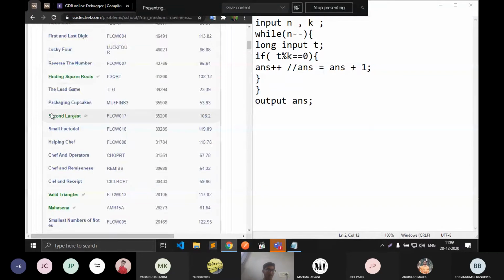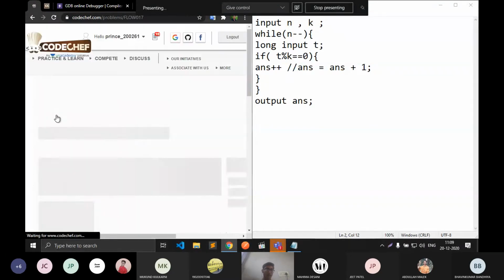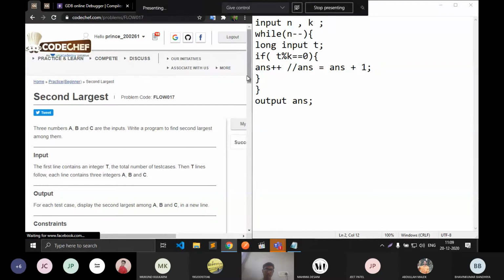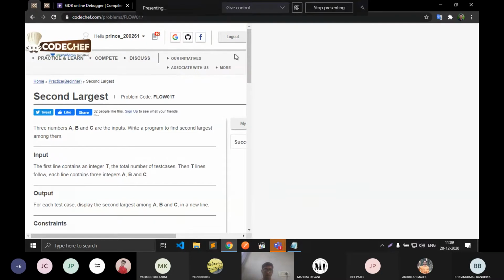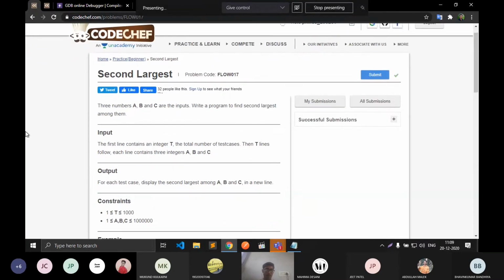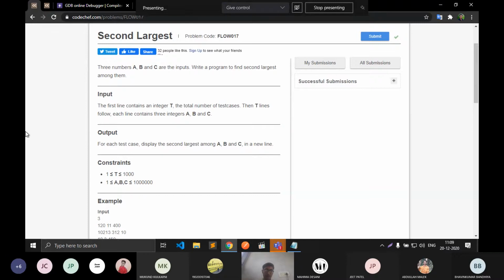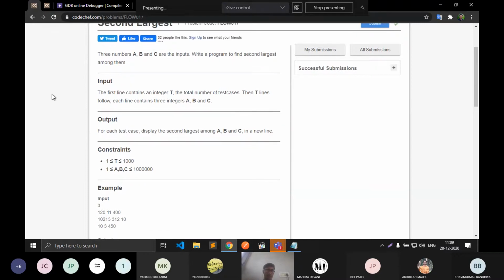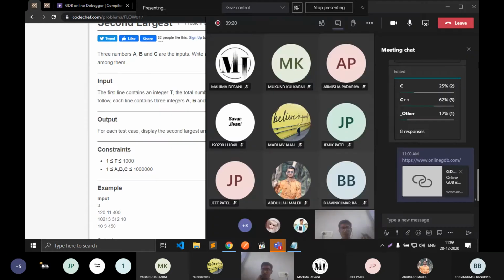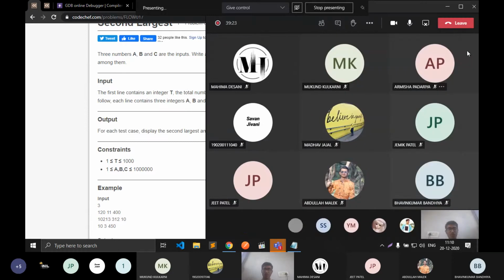Second largest, you can do it. Second largest. Okay, I give you 4-5 minutes to read it. You can read, and after 4-5 minutes raise your hand if you have completed it and say what they want to say.